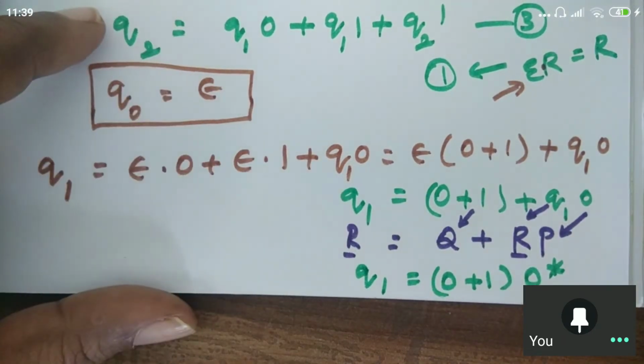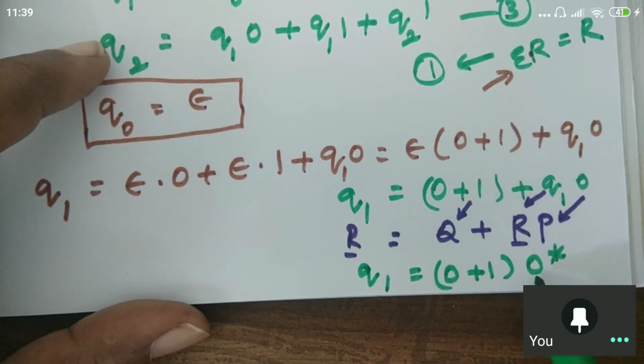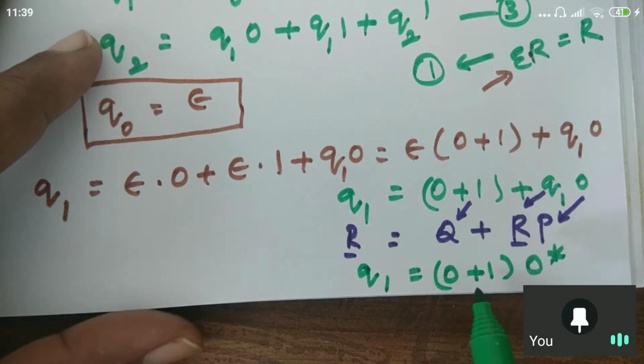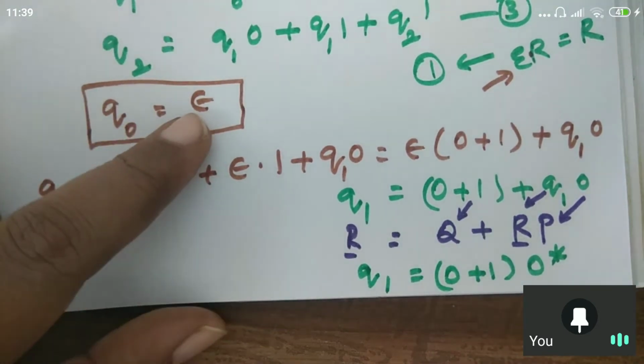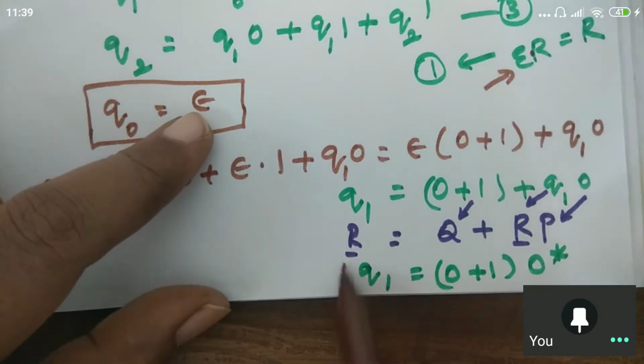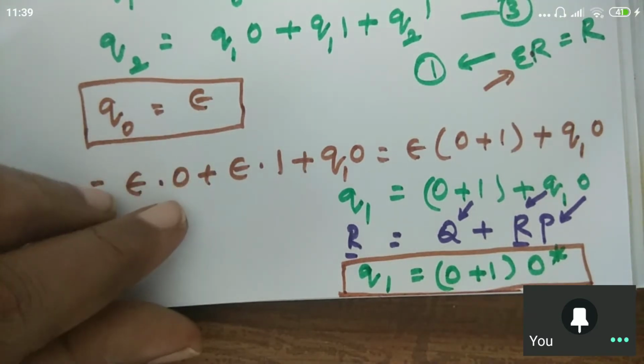Now I have got the solution for Q1 also. Q0 value is epsilon, and Q1 value is 0 plus 1 into 0 star. Now let us solve for the value of Q2.